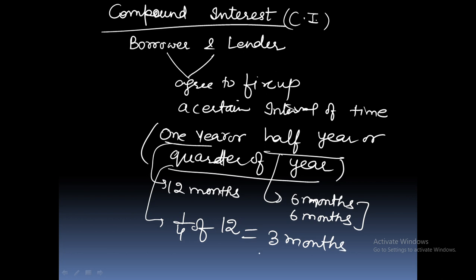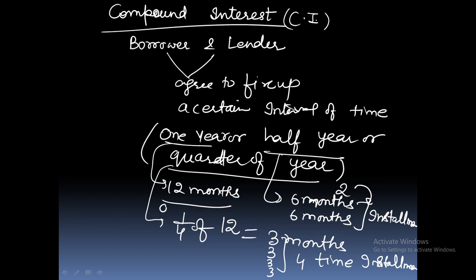That means 3, 6, 9, 12, meaning 4 times you have to give installments, and here 2 times installments. Here only 1 installment at the end of the year.